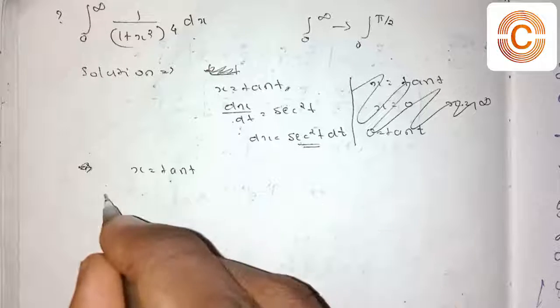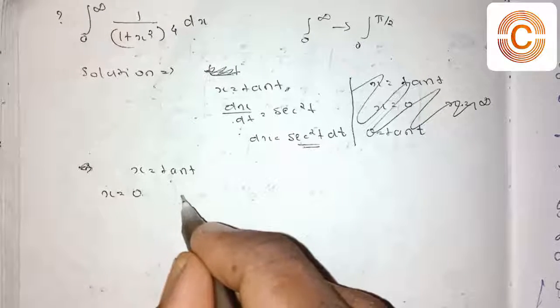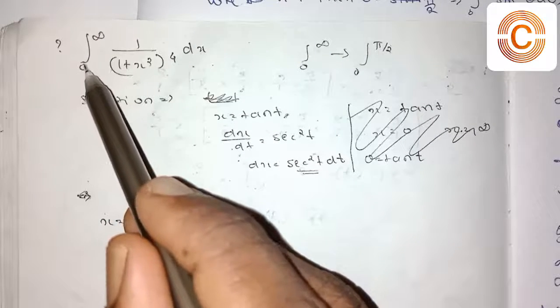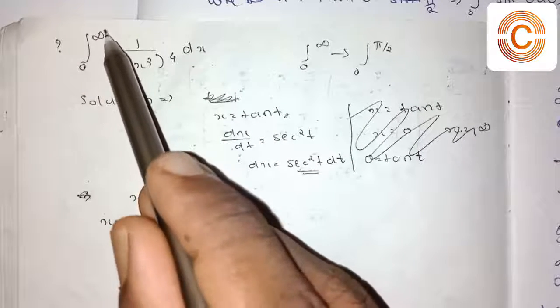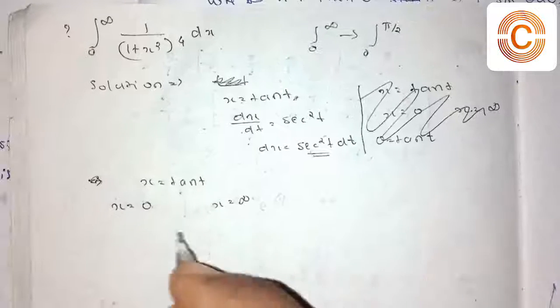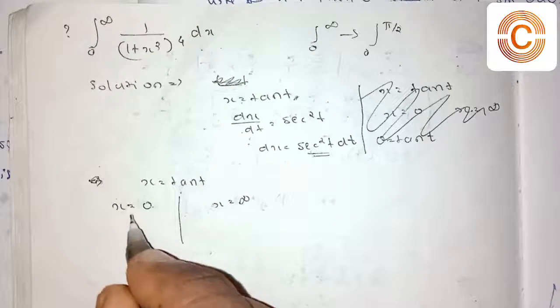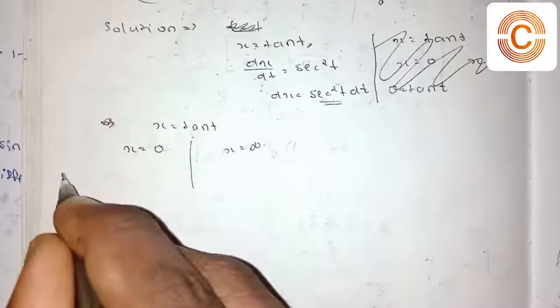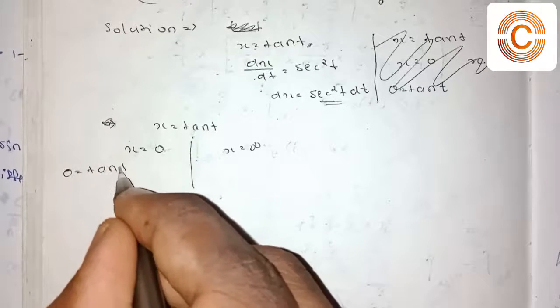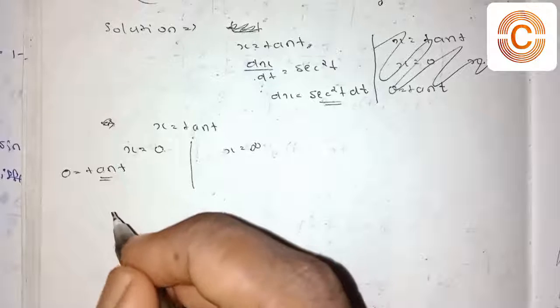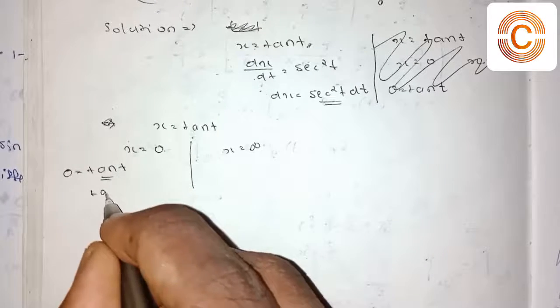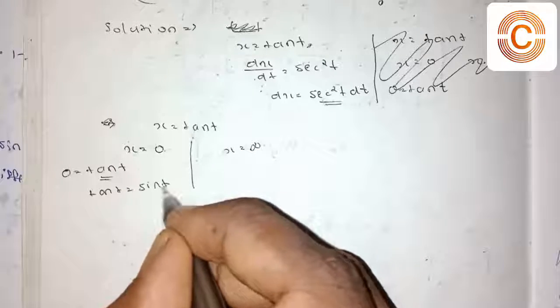The x has two limit values: the lower limit x is equal to 0 and the upper limit x is equal to infinity. In the first case, when x is equal to 0, we get 0 is equal to tan t. Then we want to check which value is suitable for the tan function, that is tan t is equal to sin t divided by cos t.